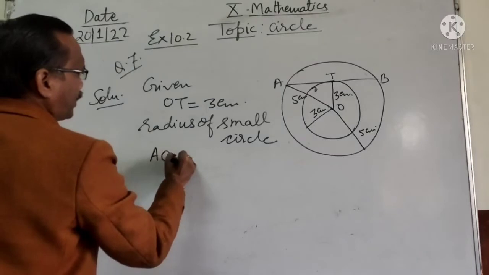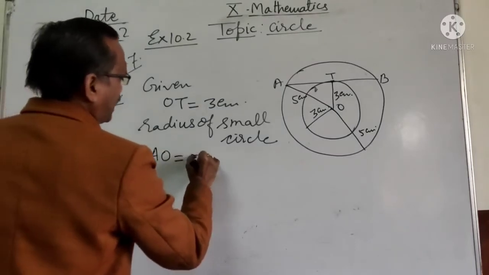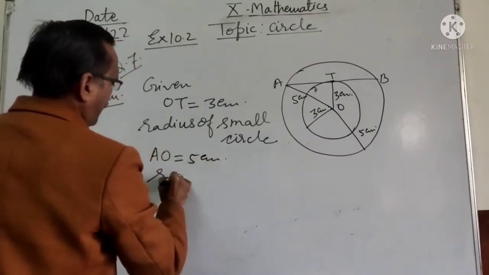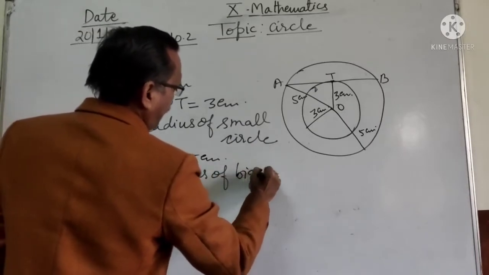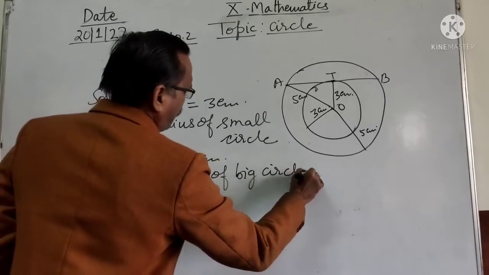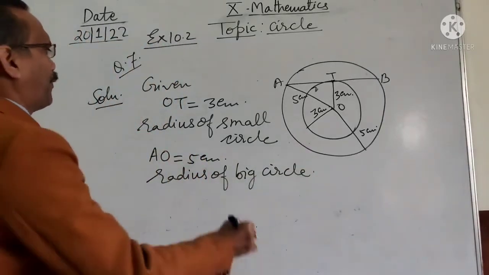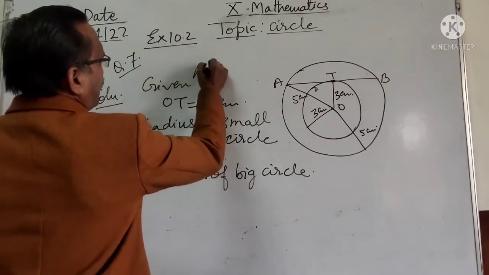AO is 5 centimeter, the radius of the big circle. We have to find AB.